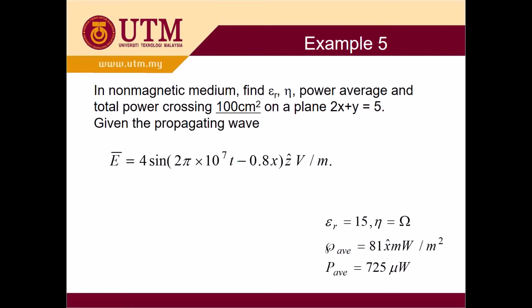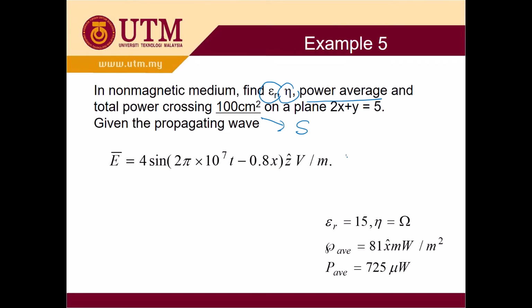Okay, we see example 5. In a non-magnetic medium, find epsilon r, the intrinsic impedance, the average power, and the total power crossing S equal to 100 centimeter square on a plane 2x plus y equal to 5. Given the propagating wave E equals 4 sin(2 pi times 10 to the power of 7 t minus 0.8 x) z volt per meter.